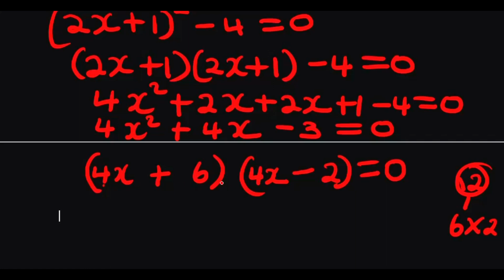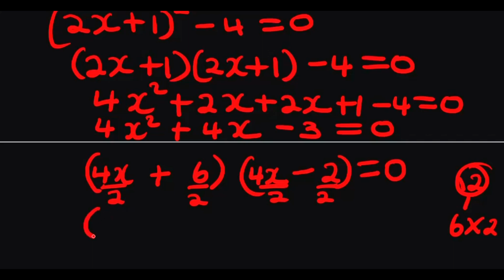Between 4x and 6, the highest common factor is 2, so we'll divide by 2 on both. Here the highest common factor is also 2, so we'll divide by 2 on both numbers.